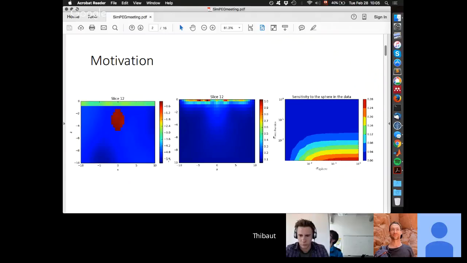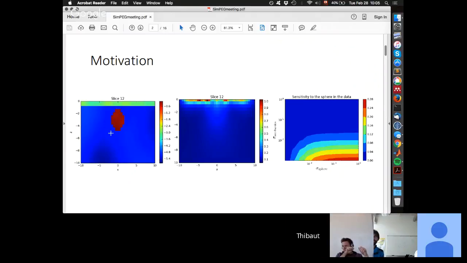So here I just have a very schematic drawing of the problem I have in my area. I have a slightly conductive and very chargeable target, and a chargeable overburden too. So when I do the normal inversion, it's seeing nothing, as we can see in the middle slice here.